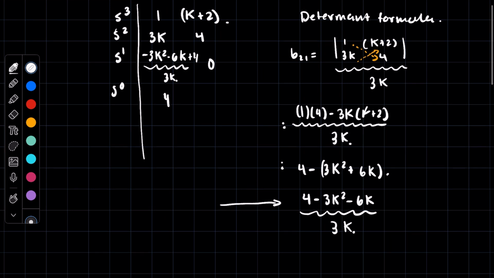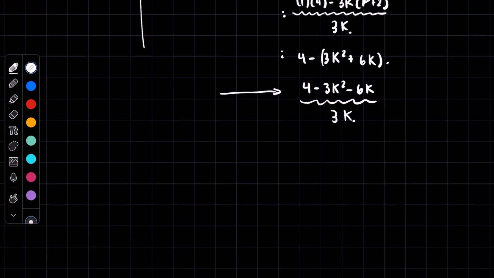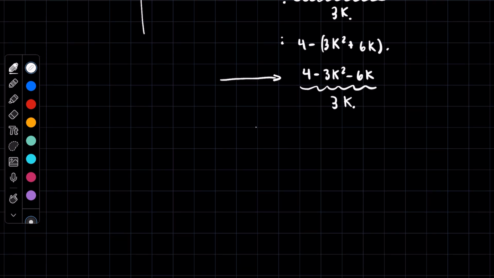So if we use the quadratic formula and do all the fancy math, we would find k1 for the plus, and k2 for the minus. We would find that k2 is equal to -2.